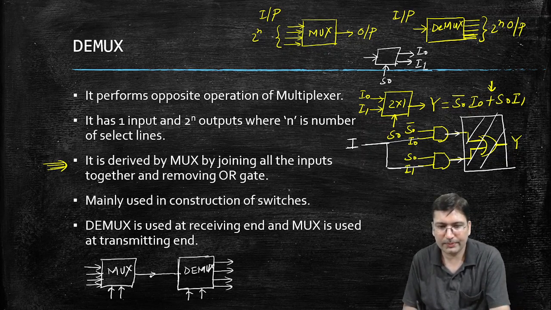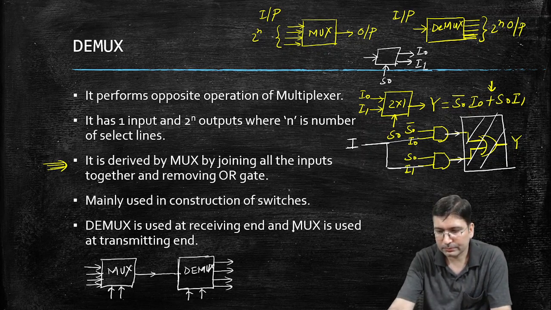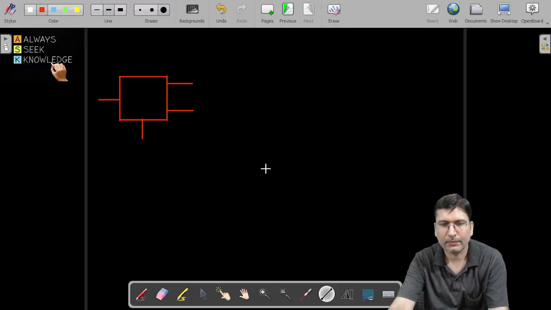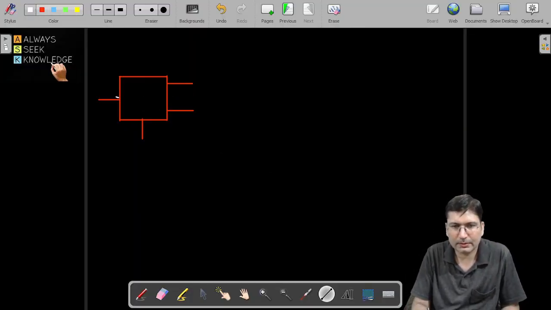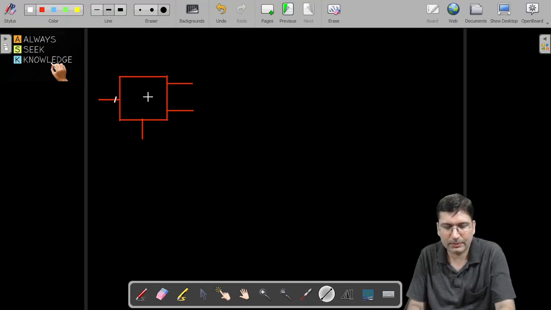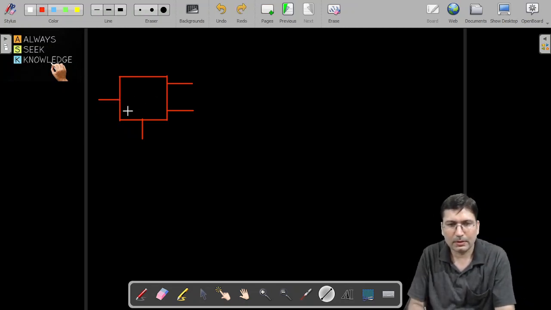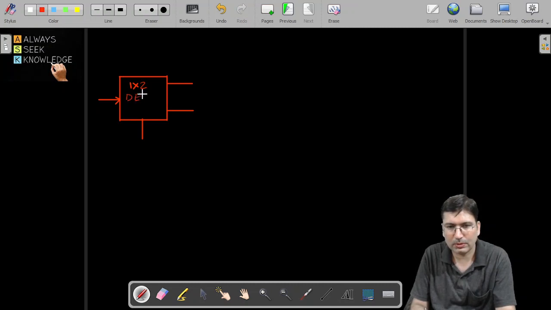So let's look at demux in detail. Let's say this is the circuit representing a demultiplexer, and that demultiplexer is 1 cross 2. So I'm writing here a 1 cross 2 demux.